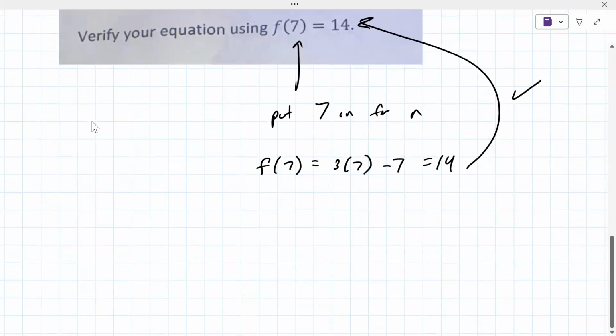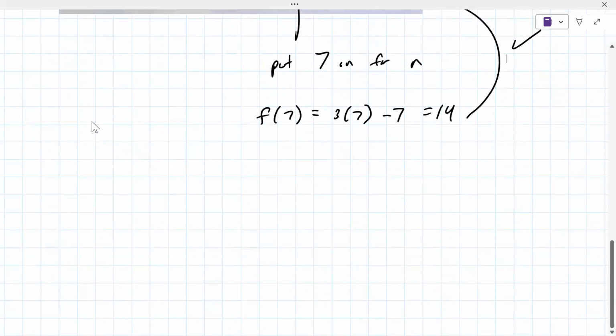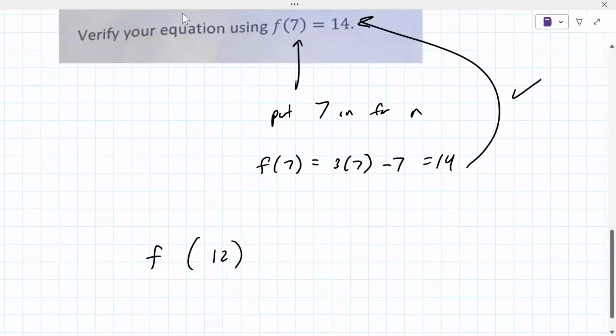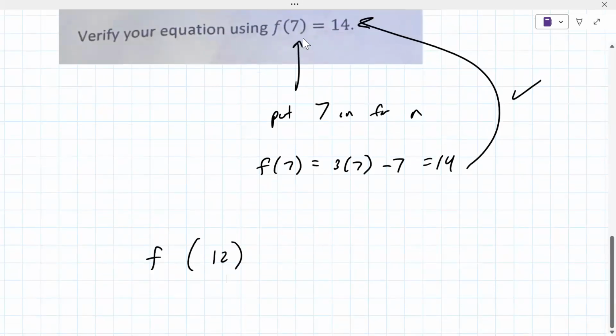Now, another question they might ask you is using f of 12. How do you calculate that for us?